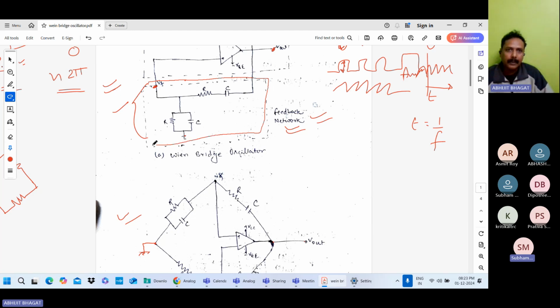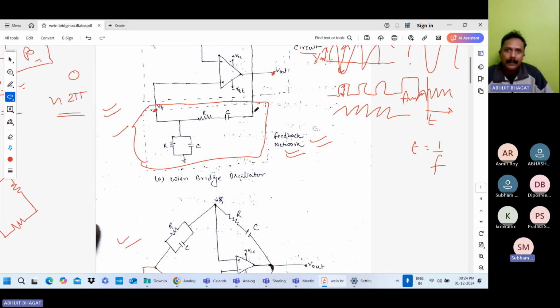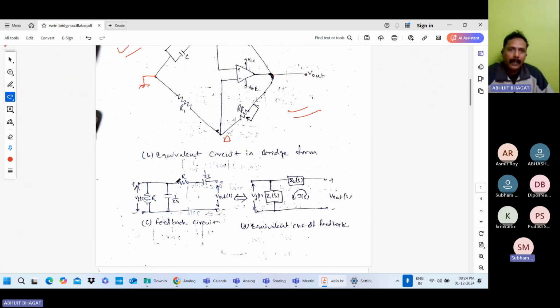Just this portion. VF is the feedback voltage and this terminal is connected to the output. So this is V0, the output. The same circuit has been drawn separately. So here this point is VF and this is the V0 point.